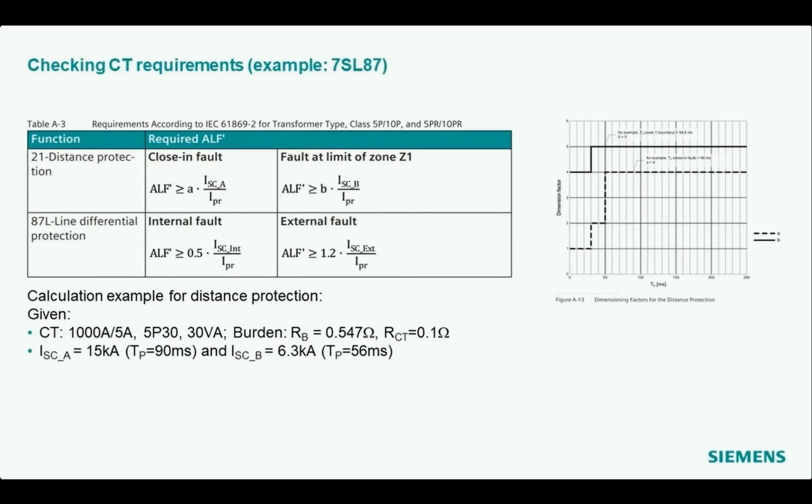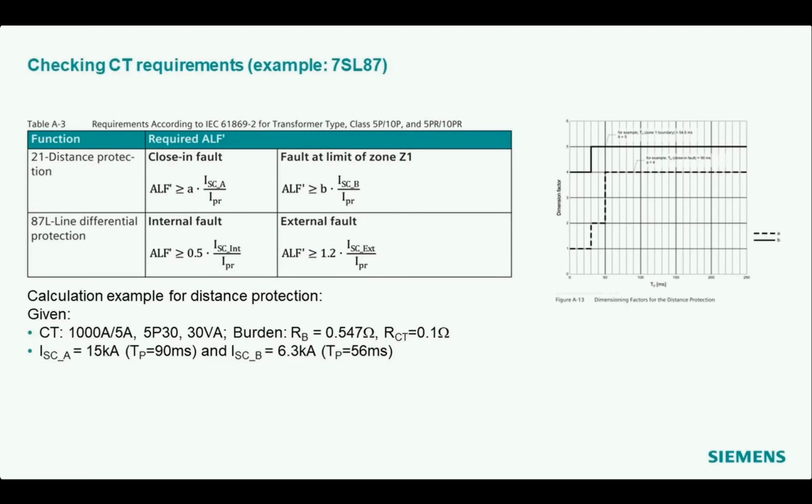And the good thing is, our friend from the planning department also gave us the time constant of the short circuit current, because we need that. And if we simulate a short circuit current at the zone limit, we have in this case 6.3 kiloamps. The time constant is a bit lower, in this case 56 milliseconds, because we have the line impedance in between.